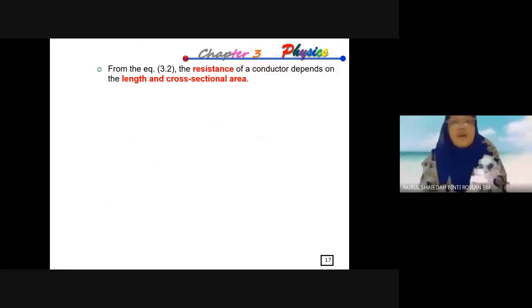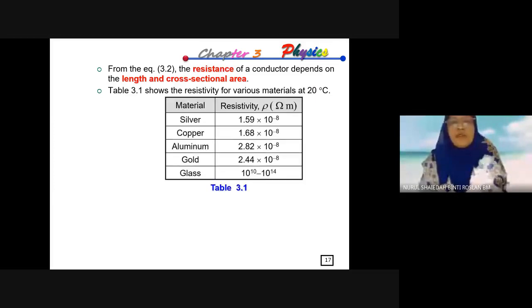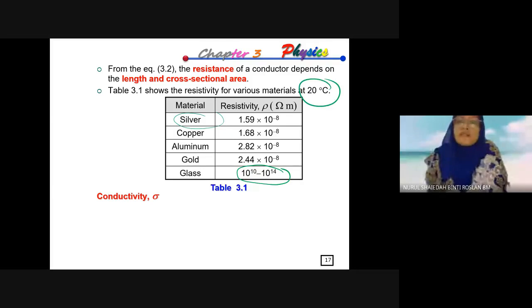Okay, resistance of conductor depend on length and cross-sectional area. Ini contoh material lah: silver, copper, aluminium. Siapa yang ada resistivity yang paling tinggi adalah glass. Siapa yang paling low? Paling low adalah dalam kes ni, silver. Ini adalah at temperature yang sama lah.